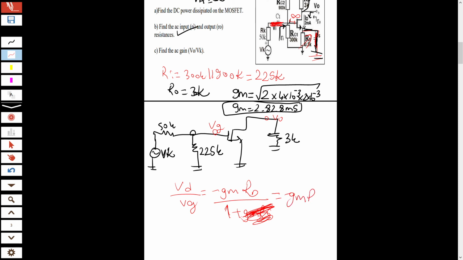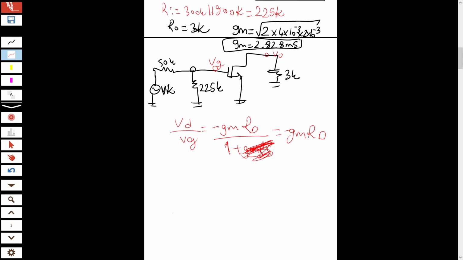So my gain V drain over V gate equals minus gm times RD, which is 2.828 times 3, and it is 8.485.